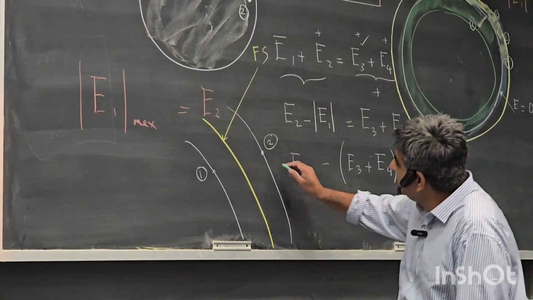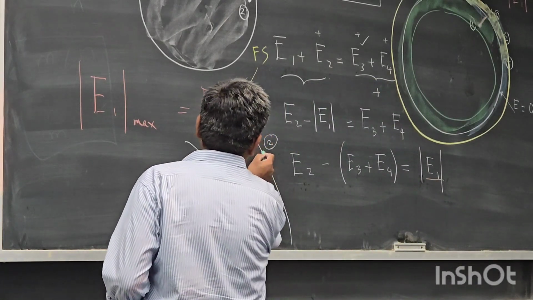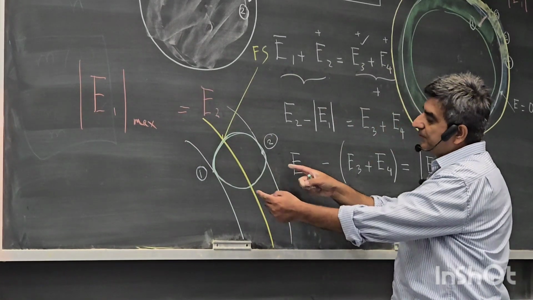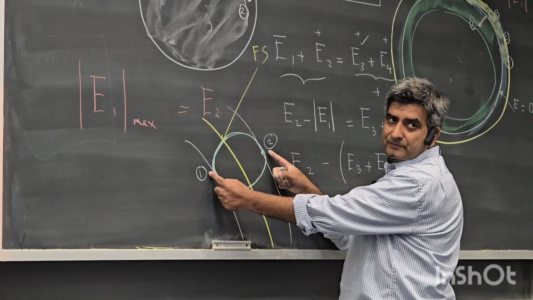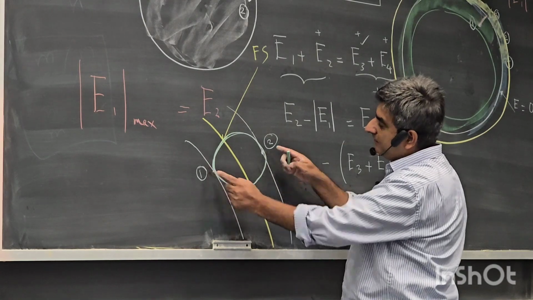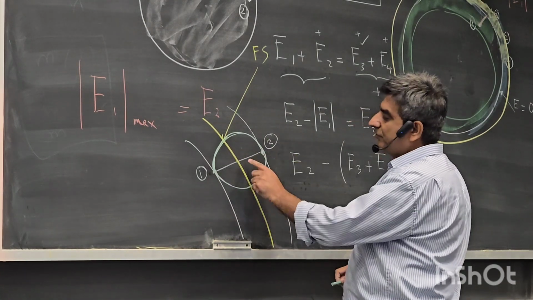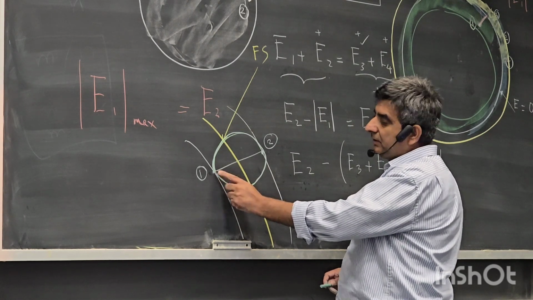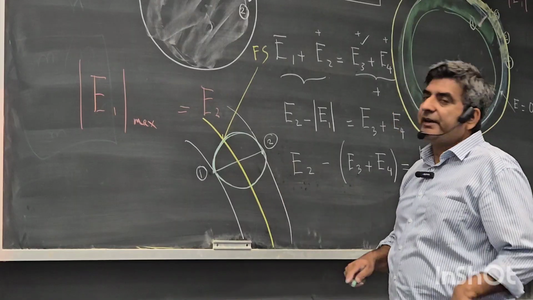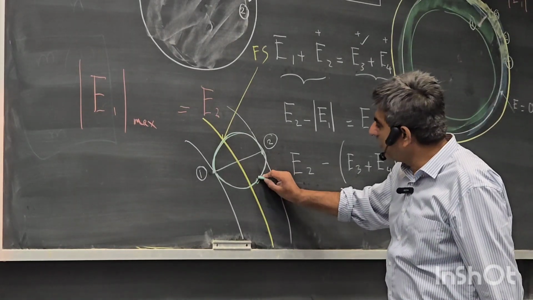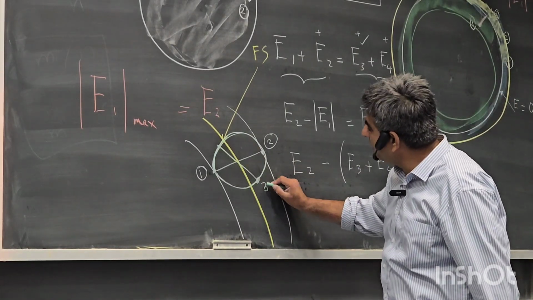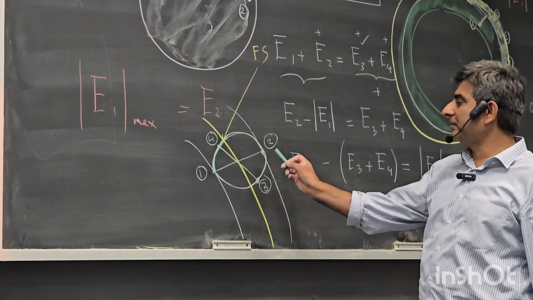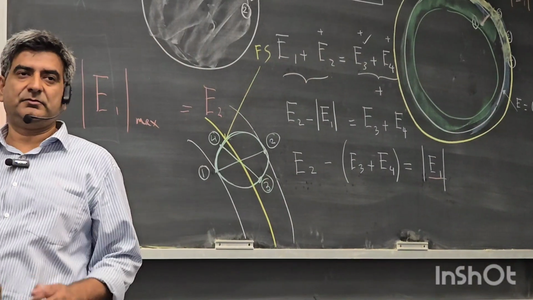Besides the point, if I draw a circle which passes through these points 1 and 2, and I connect these points, so this is the diameter of the circle, then points 3 and 4 must lie on diametrically opposite sides of this circle. Only then will K1 plus K2 equal K3 plus K4.